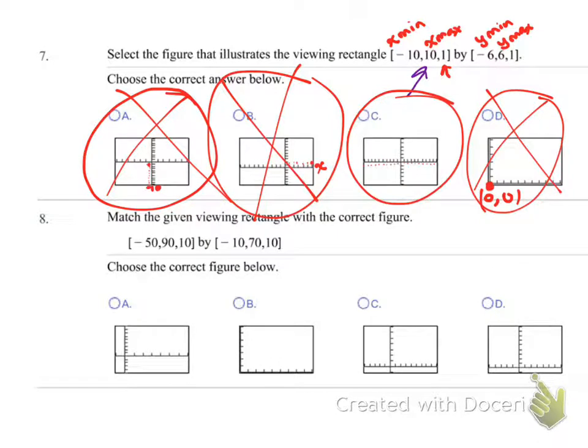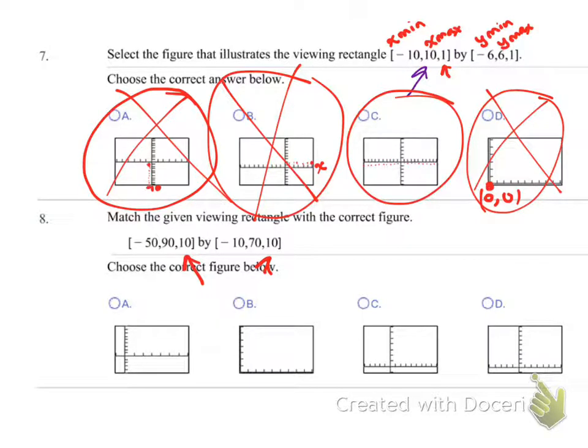Now, notice in 8, it's a little bit different because each tick mark is not 1, it's 10. So, in this case, instead of counting by 1s, we'll count by 10, and the x minimum has to be negative 50, the x maximum has to be 90.